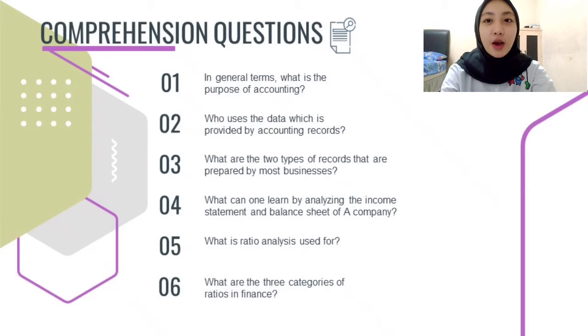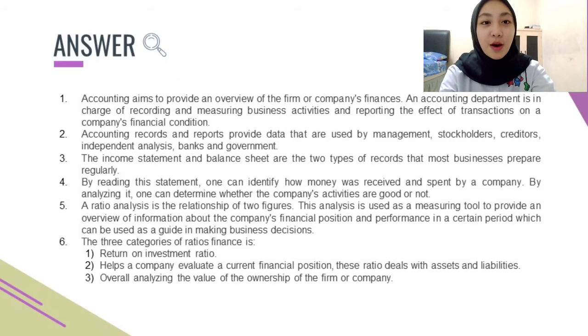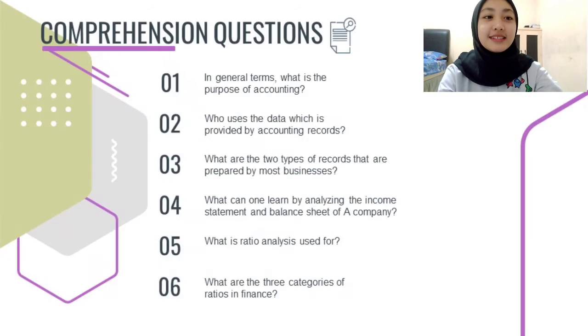Number 3. What are the two types of records that are prepared by most businesses? Based on the passage, the income statement and balance sheet are the two types of records that most businesses prepare regularly.